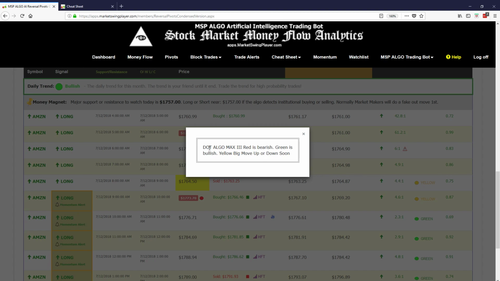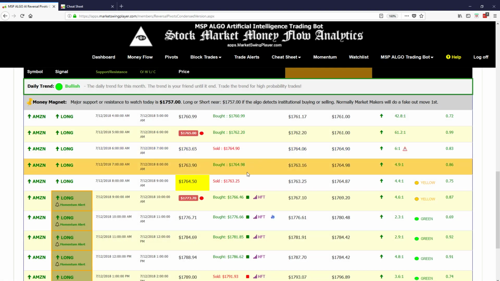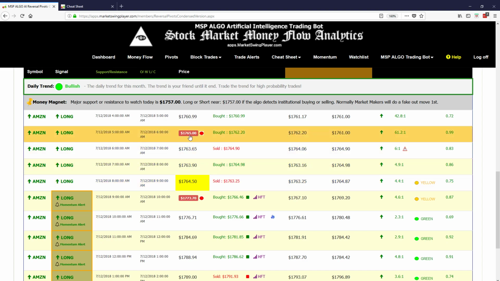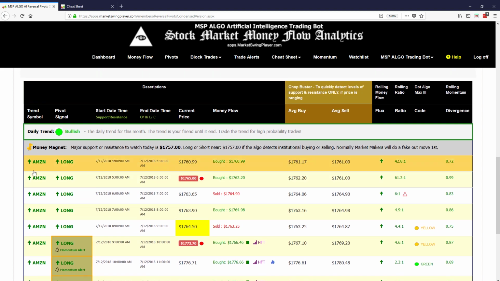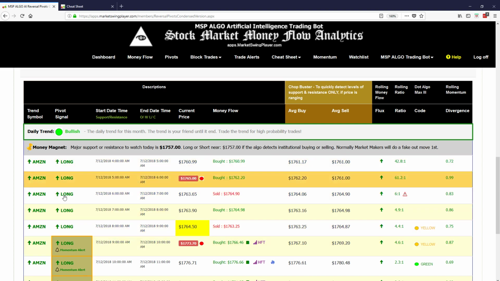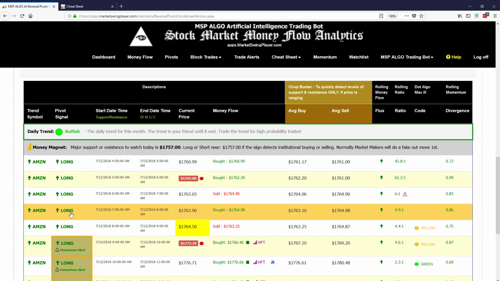We've got code red, green, and yellow, so we know that's most likely a spike of some sort, and it looks quite bullish. The algo is actually doing trading logic in pre-market, but overall it's just saying the stock is bullish. Little buying here, little selling there, but the algo likes Amazon in pre-market.